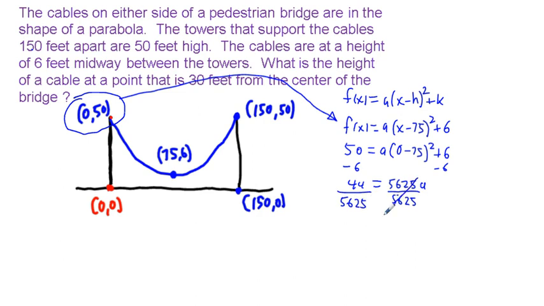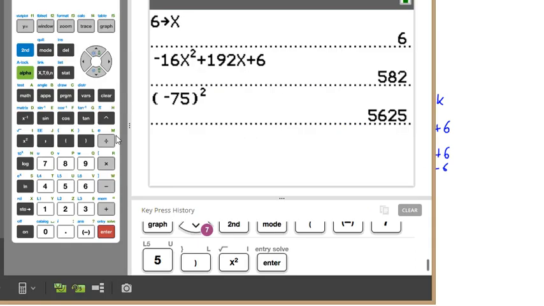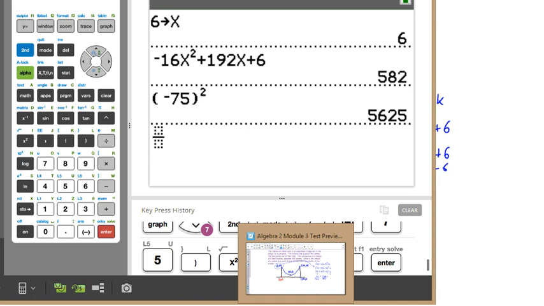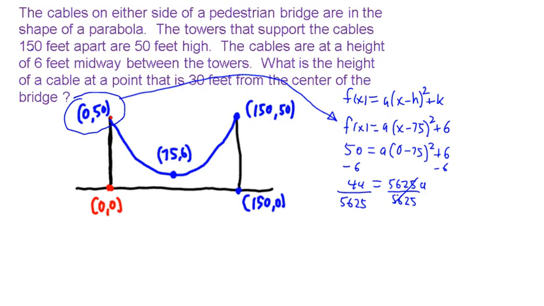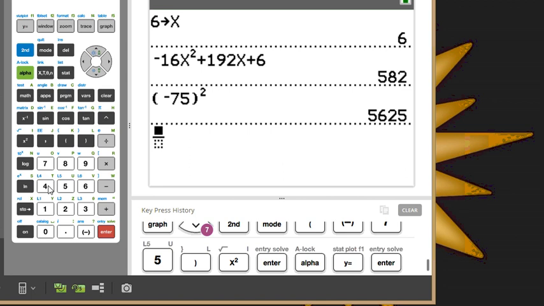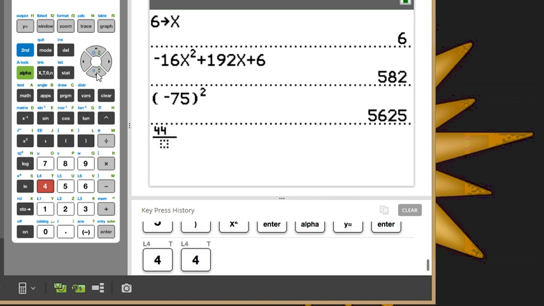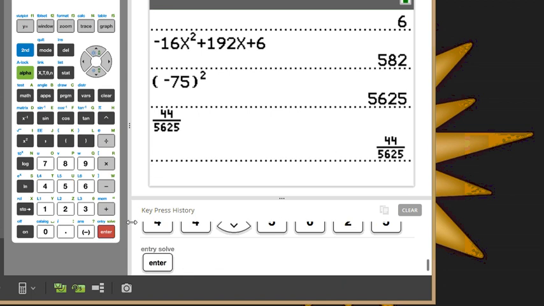I don't know if we're going to get, that may be as close as we can get it here. It may not simplify. So we have 44 divided by 5625. We get the same fraction here, so I'm just going to leave this in fraction form.